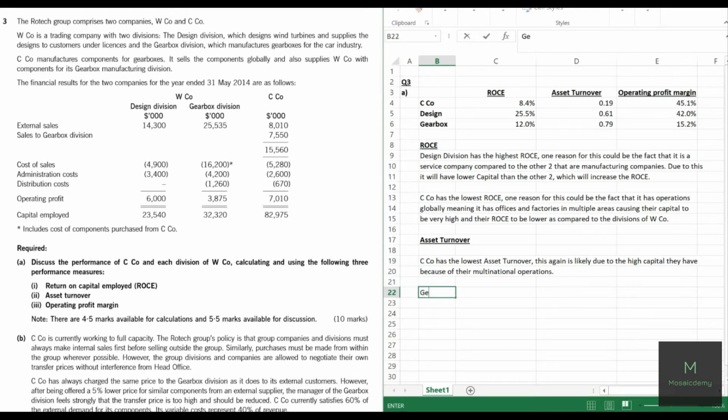So we'll say Gearbox has the highest asset turnover. Let's go by the extremes. Highest asset turnover.